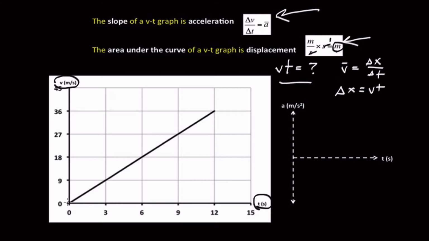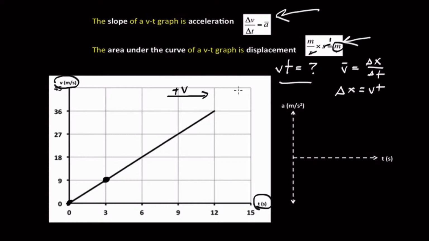So let's find our acceleration first. That's just the slope of the line, change in velocity over change in time. Before we do that, let's just look at this graph in general and see what we can figure out without doing any calculations. I see that all the points on this line are plotted above the horizontal axis, so that tells me that the velocity is positive. That's how we indicate direction. Let's say positive is to the right.